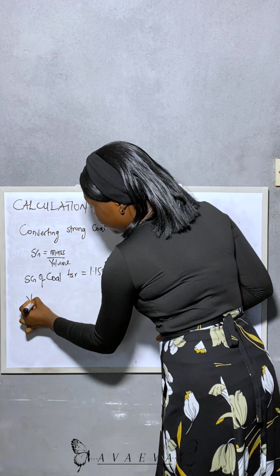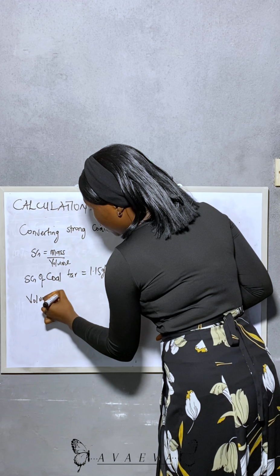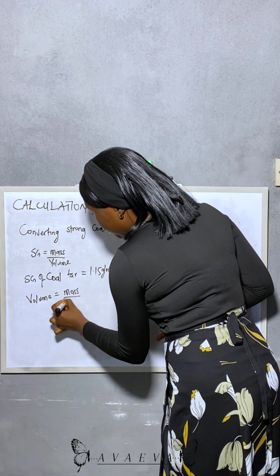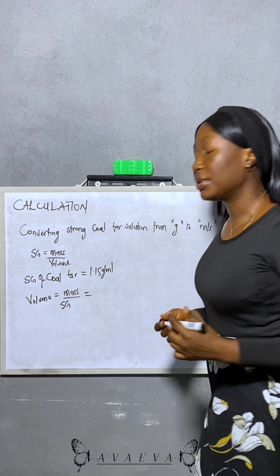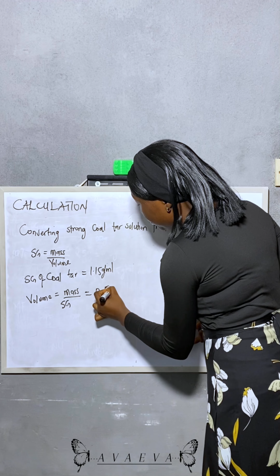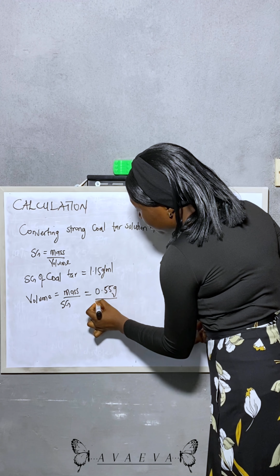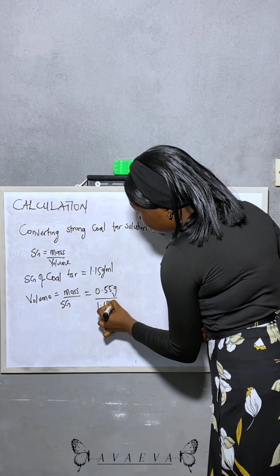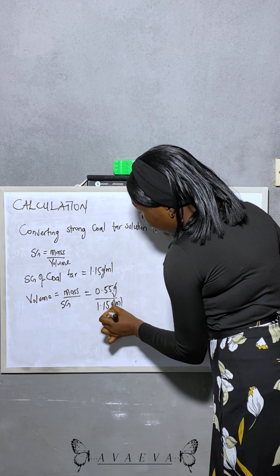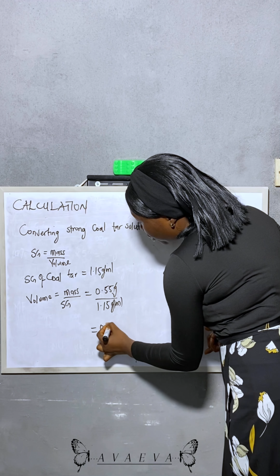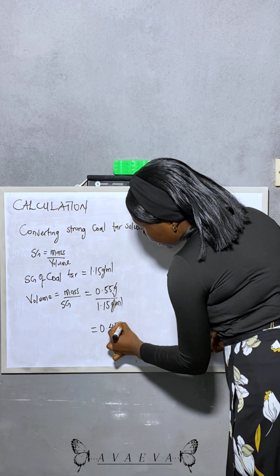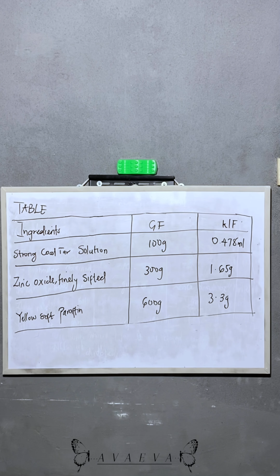So here you have volume is equal to mass divided by specific gravity, and our mass, as we have established before, is 0.55 gram divided by our specific gravity 1.15 gram per mil, gram cancels gram, and our final answer will be 0.478 mil.